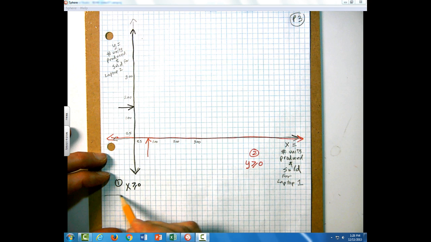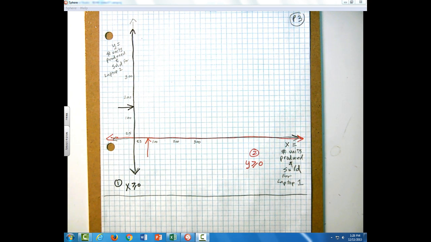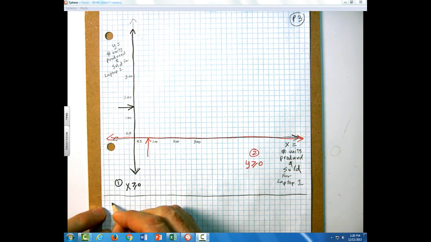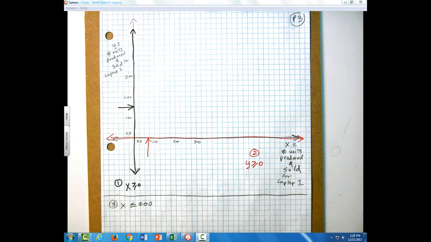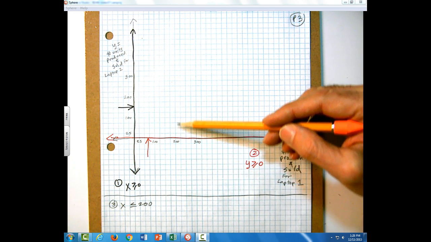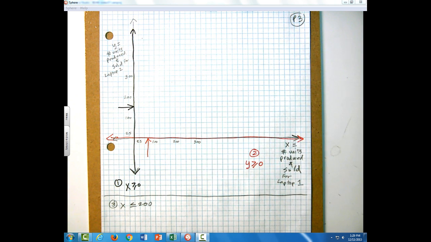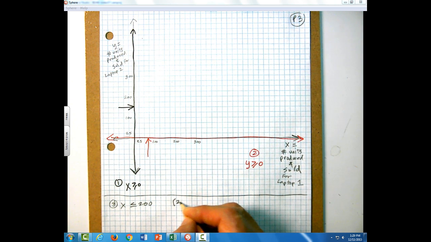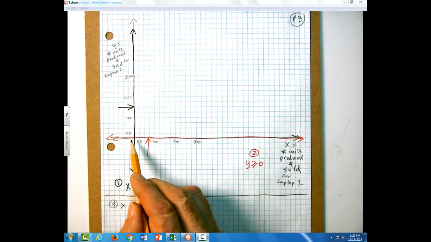I'm actually going to draw a line here because we're going to have to figure out some points for the rest of our equations or inequalities. Well, for 3, x less than or equal to 200. Well, really, if it was x equals 200, there'd just be a line, because at any y value, x is going to be 200. So I'm going to use the points. Remember, x is 200 everywhere, so I'm going to choose a y of 0.